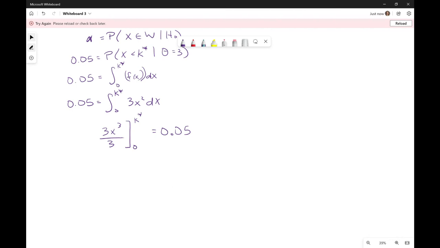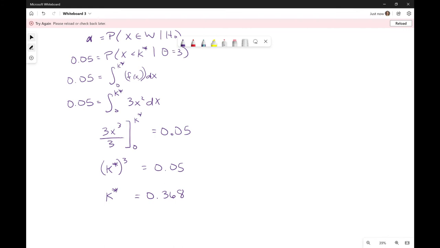So I actually have K star cubed is equal to 0.05. Taking the cube root of both sides, I find that K star is equal to 0.368.